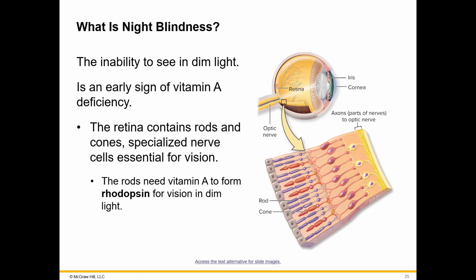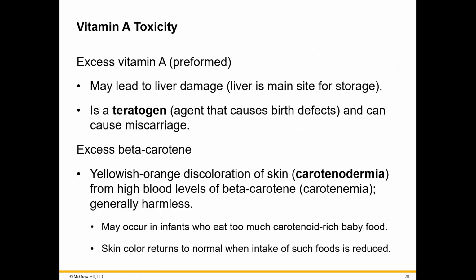As far as vitamin A toxicity, there again, I never saw that particular toxicity when I was in clinical practice as a dietitian, but it does and it can exist. Teratogenicity and carotenodermia are two of the types of vitamin A toxicity that can occur, since it is a fat soluble vitamin.